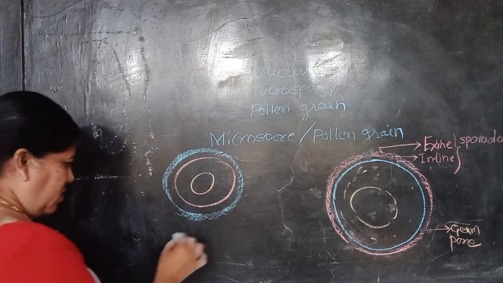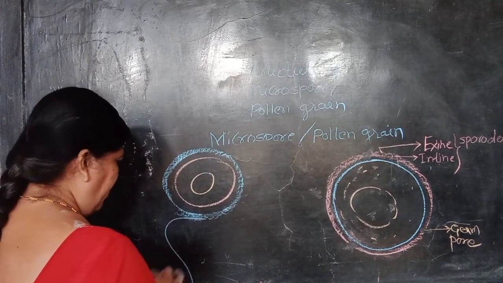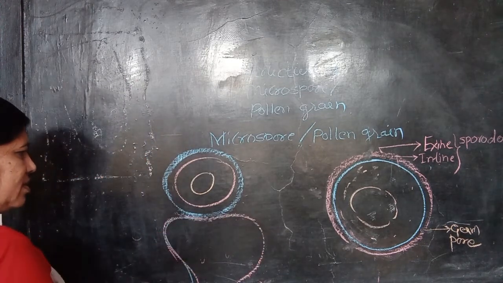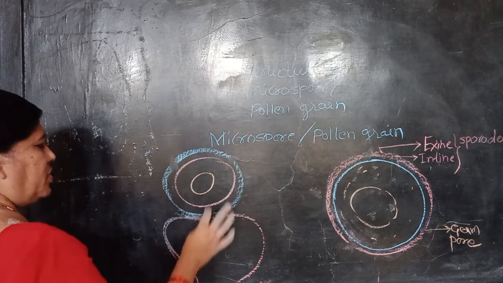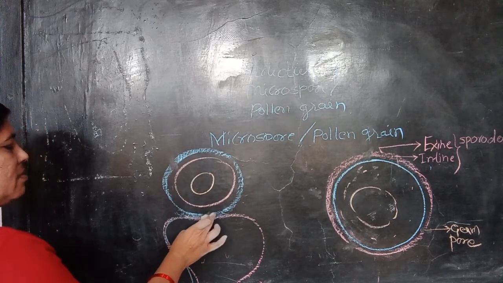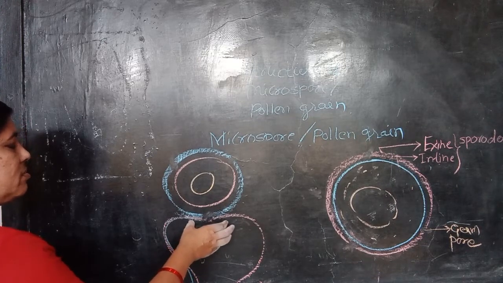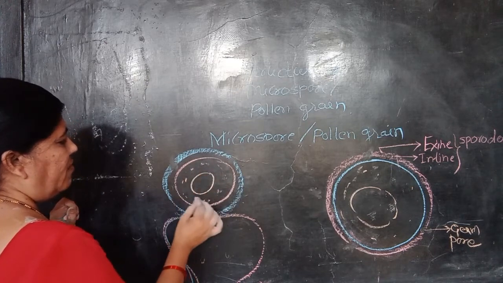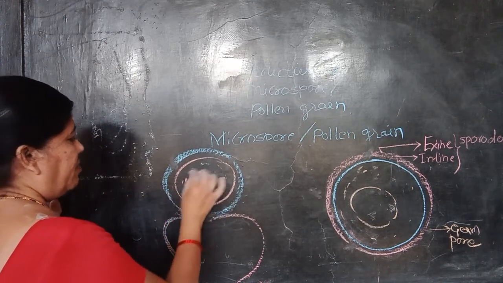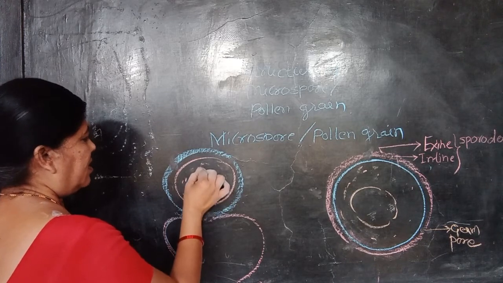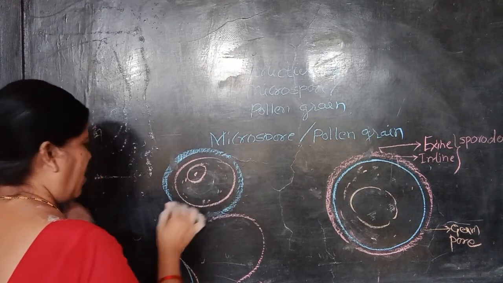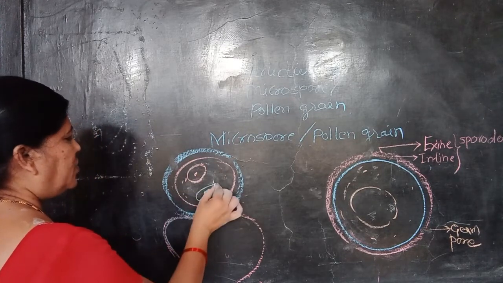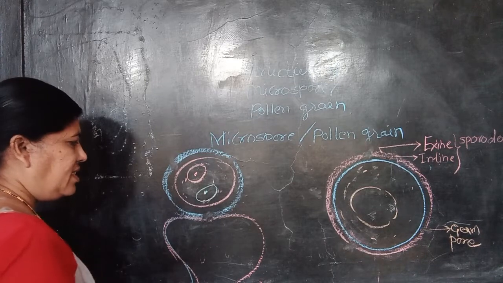When this pollen grain is deposited on the receptive stigma of a flower, the pollen grain absorbs moisture and nutrients from the stigma. It has two cells. The larger cell is called tube cell and the smaller cell is called generative cell.